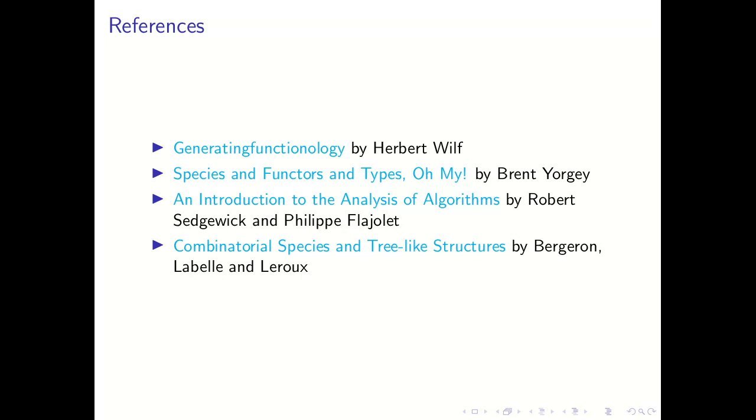There's this book, I own all of these books, An Introduction to the Analysis of Algorithms by Sedgewick and Flajolet. That's a really good book that you can follow through, and it really gets you to have a good understanding of generating functions and combinatorial classes and how they work. And the other thing is just the standard reference on combinatorial species by Bergeron, Labelle, and Leroux.